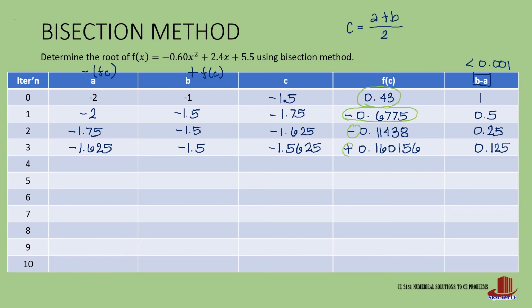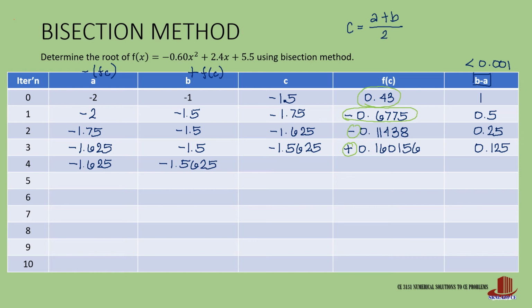Again, observe the sign. It's a positive this time, which would mean that we are going to replace the upper limit. Lower limit would remain the same, negative 1.625. The upper limit is then taken as negative 1.5625.